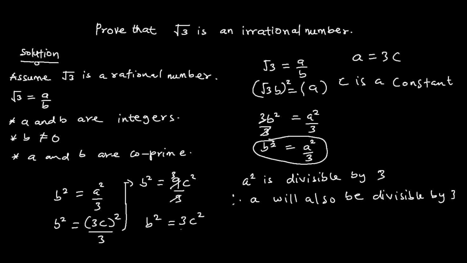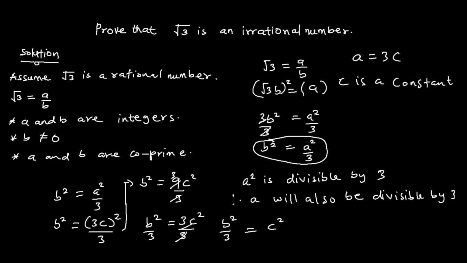Okay, so from here what I'll do next is that I'll divide both sides by 3. So I'll have b squared divided by 3 to be equal to c squared. So what this means is that b squared is divisible by 3.